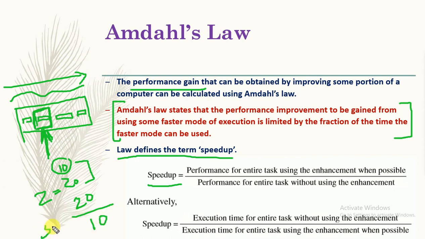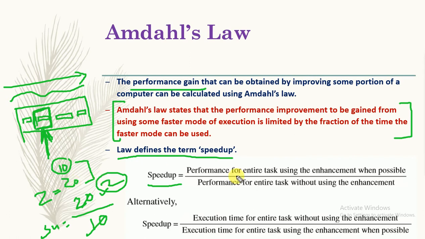Speed up is equal to the performance with the enhancement divided by the performance without enhancement. Now we are getting the value as 2. What is the speed up now? Speed up is 2.